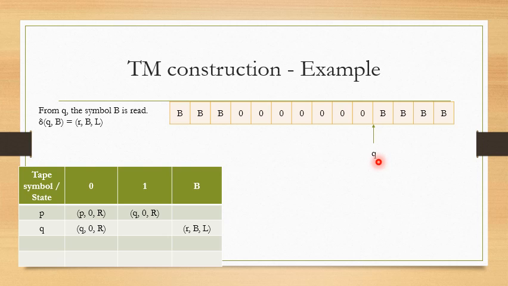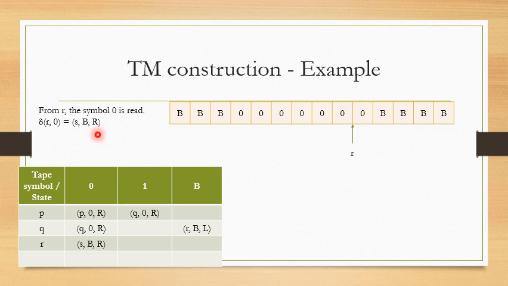So when I read a blank from state Q, I move to the left and make a state transition to another state called R, keeping this blank as it is. Now from R, when reading a 0, this 0 should be replaced with a blank, with a state transition to some other state S. Now that I have read all the input, I can stop the input processing.